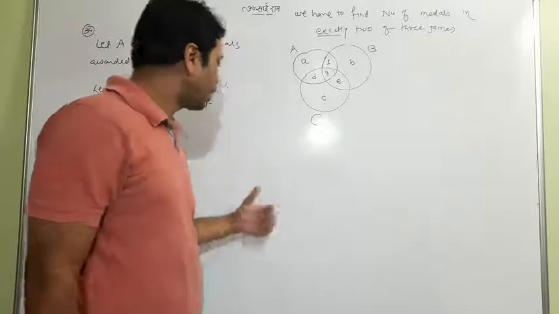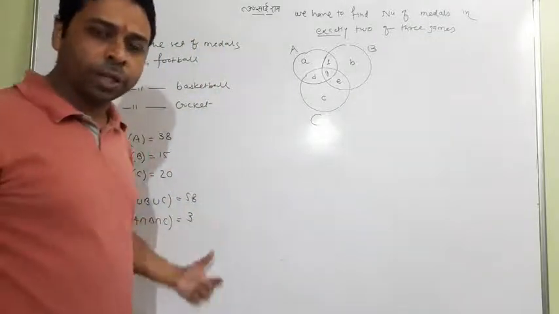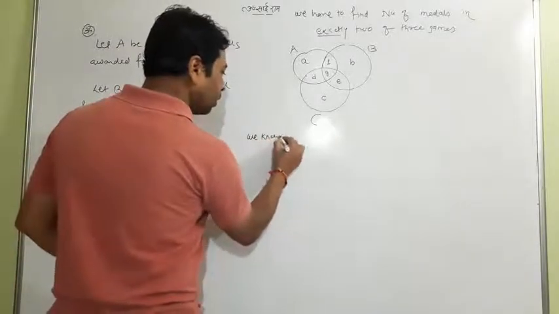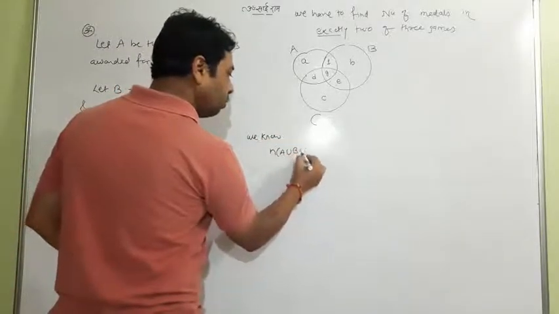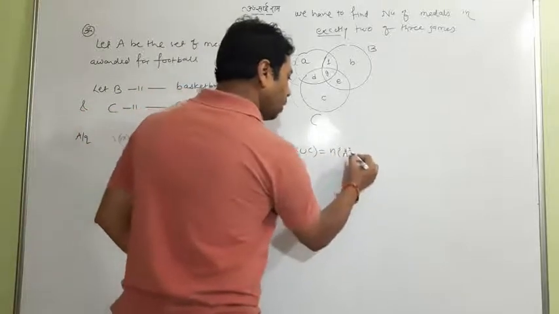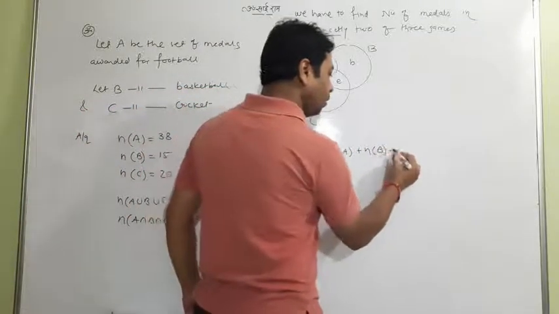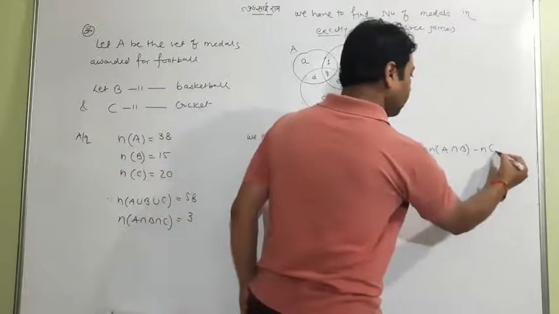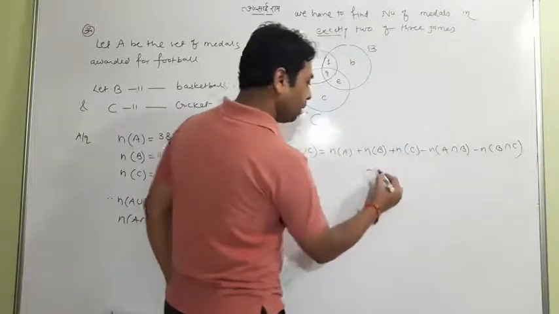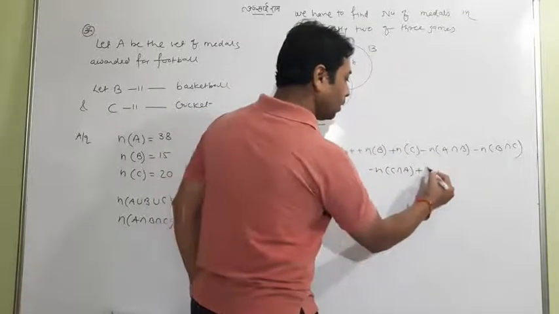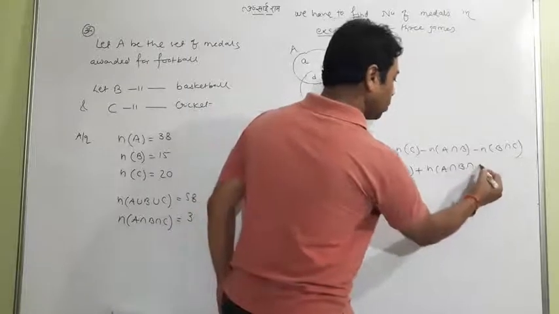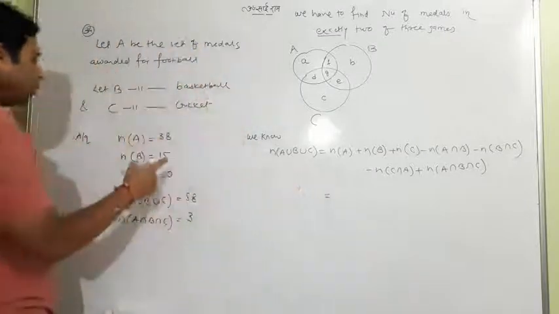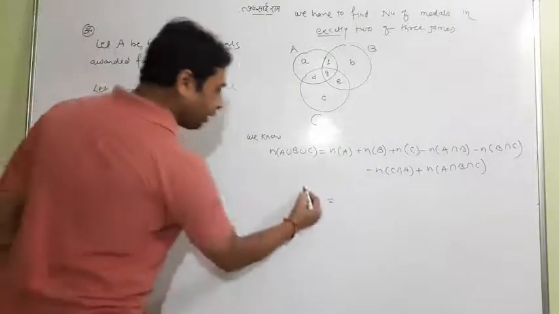I want to explain it by the previously written formula which I recently told you. Look at the formula. A union B union C is equal to N of A plus N of B plus N of C minus N of A intersection B minus B intersection C minus C intersection A plus N of A intersection B intersection C. This is the formula. Now what do we get? A union B union C is 58.